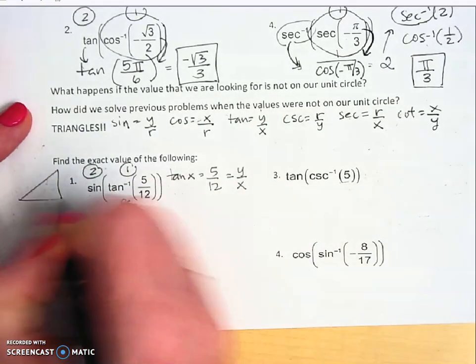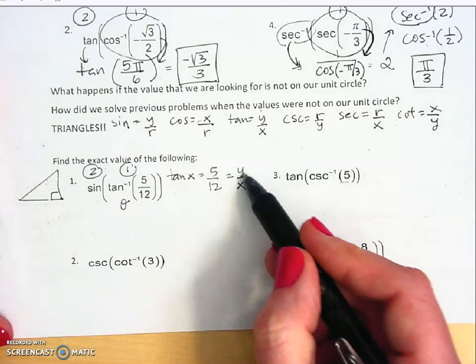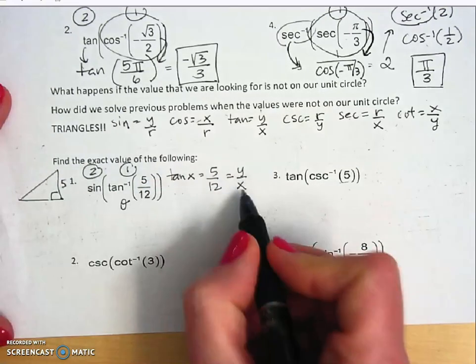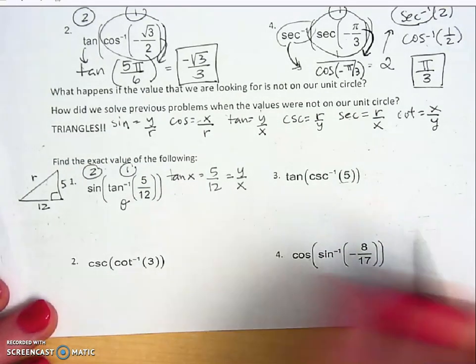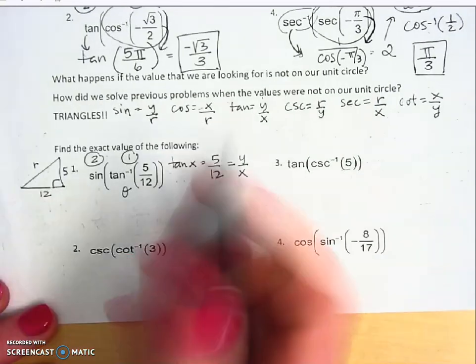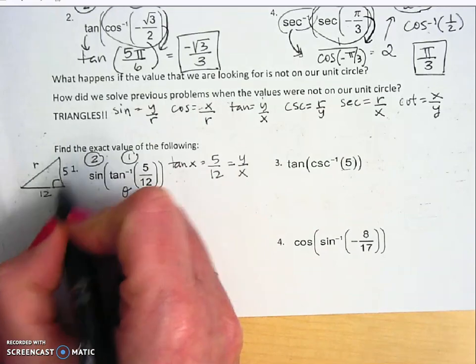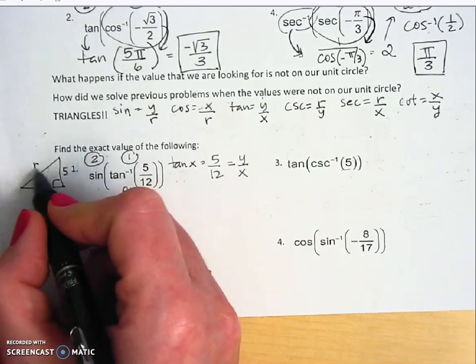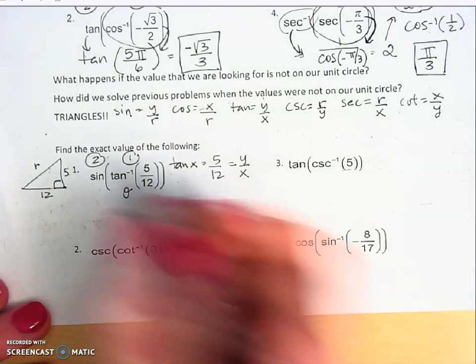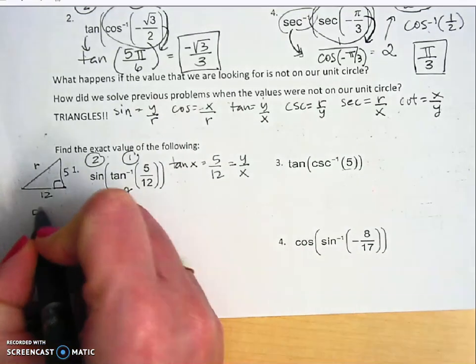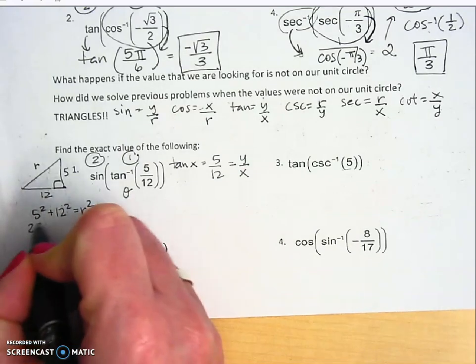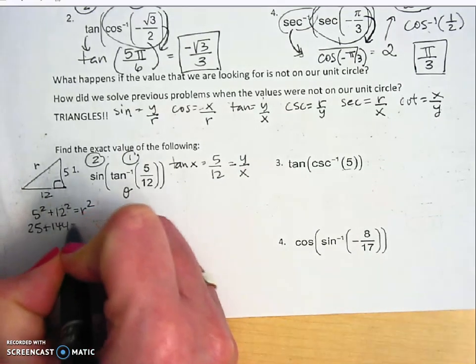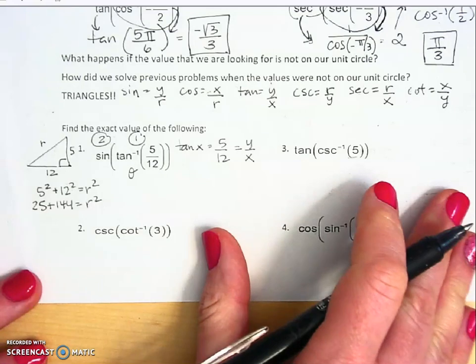So if I have a right triangle where y is 5 and x is 12, the hypotenuse is my r value. So I just use the Pythagorean theorem. The sum of the square of the sides equals the square of the hypotenuse. So I've got 5 squared plus 12 squared equals r squared. That's 25 plus 144 equal to r squared.